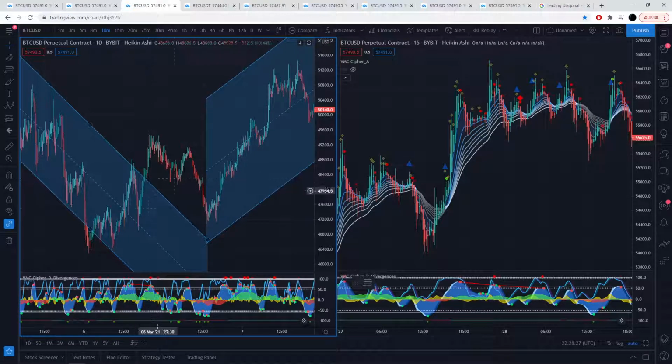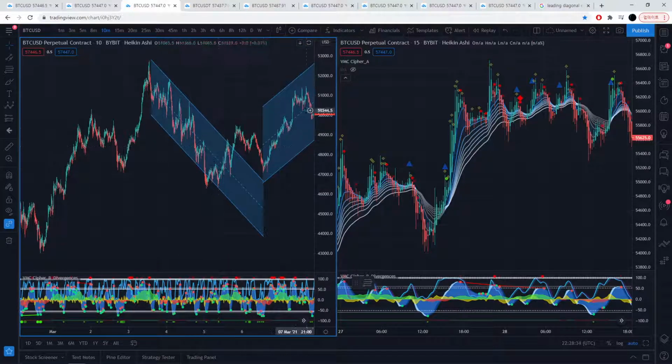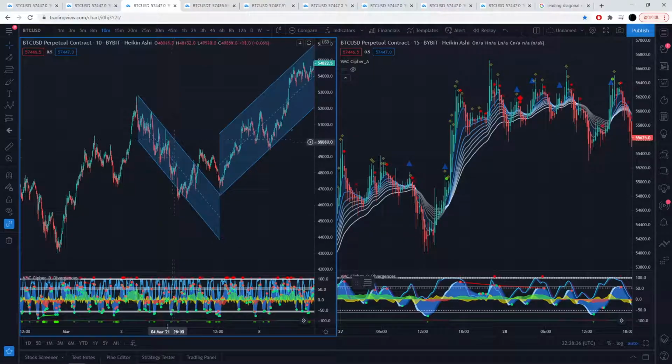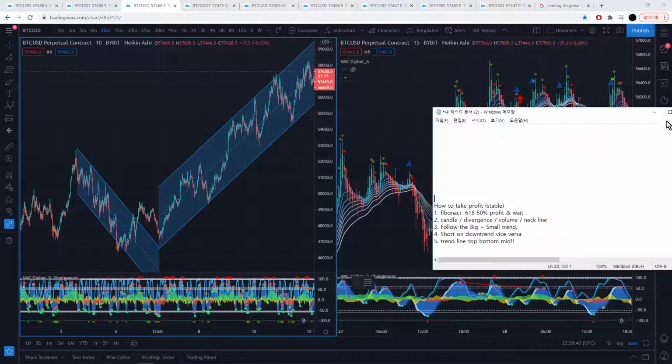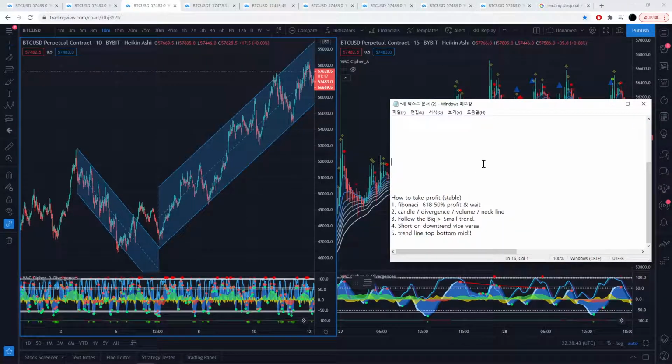It broke the line. So you would clear your position right away because the trend changed to upward from here. So this is a downward trend. This is now an upward trend. It has changed. Okay, so these are some small tips that you should be studying and using while you're trading.